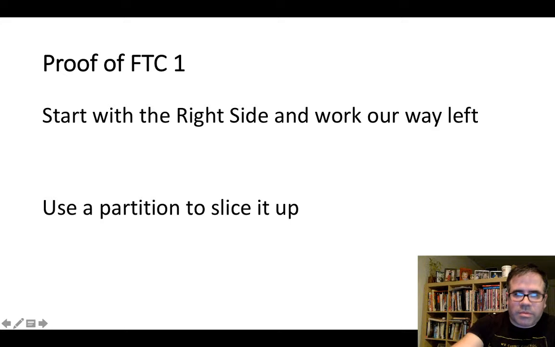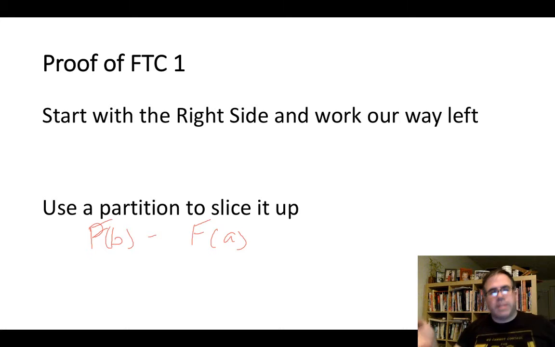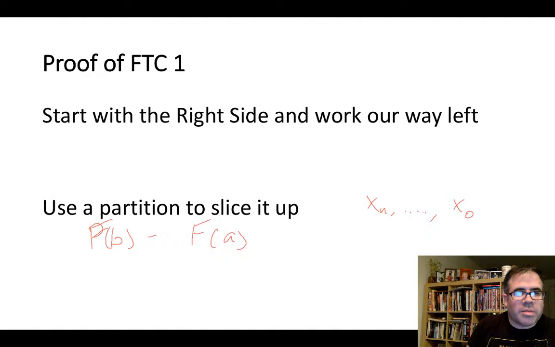Well, the way we introduce it is instead of having f of b minus f of a, we're going to expand it using the fact that we can always add 0. So if our partition is x sub n for b all the way down to x sub 0, f of b minus f of a becomes f of xn minus f of xn minus 1.